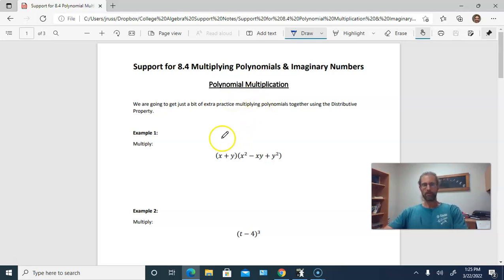Okay, so to multiply these, we're really just using the distributive property. We're going to take both of these terms in the first set of parentheses and multiply them to every single term in the second set of parentheses. So remember, we can always draw our little arrows.